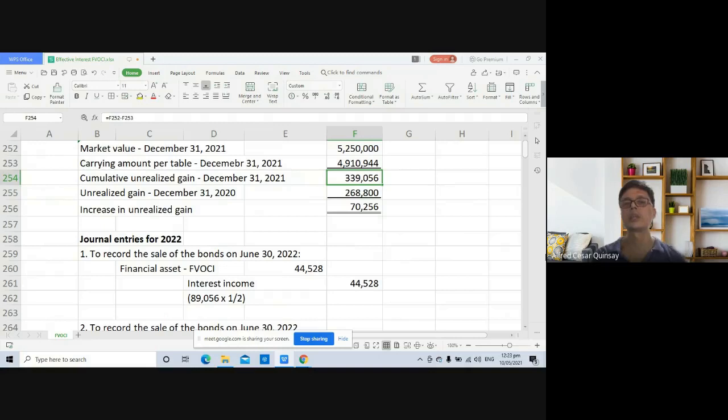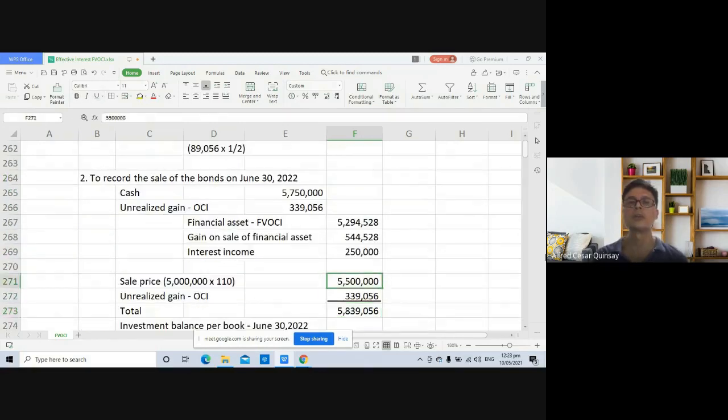So 339,056. Kaya ayun, yun siya. 339,056. So yung credit naman ito, so credit financial asset, so ito yung give up nila. So kukunin natin yung pinaka-carrying amount niyan. So of course alam na natin itong interest income. Ito na lang itong financial asset na credit natin, na give up natin.